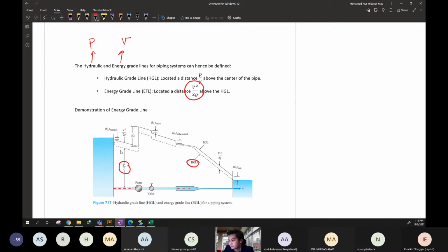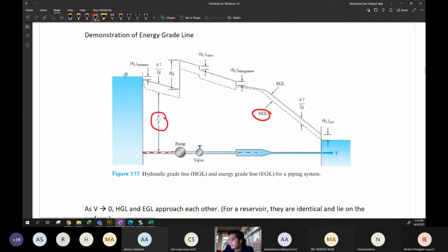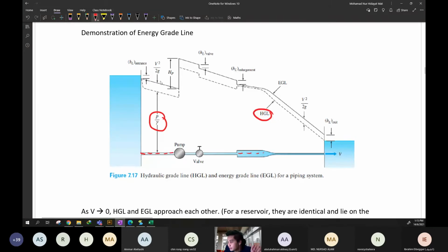You can see here, above the HGL is the EGL. This one, the full line here.